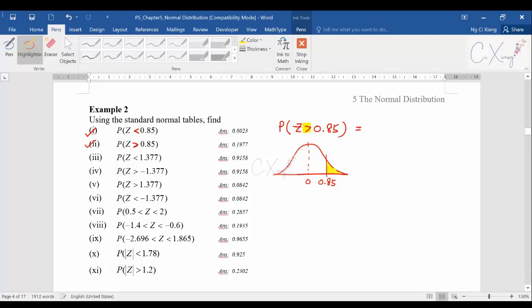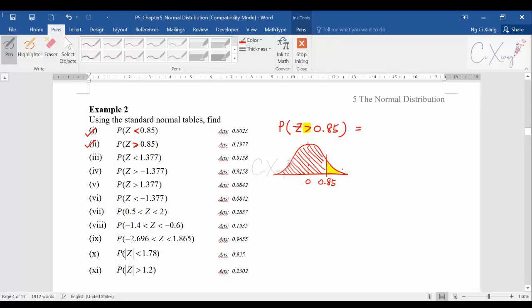So this yellow colored area is the area that I want to find. But according to the normal table that we have, the table only gives you the value for the part smaller than 0.85. So all the values given in the table are smaller than 0.85.